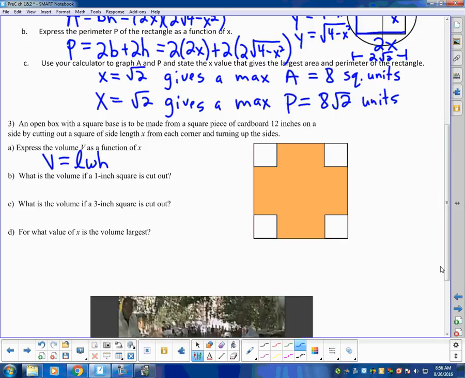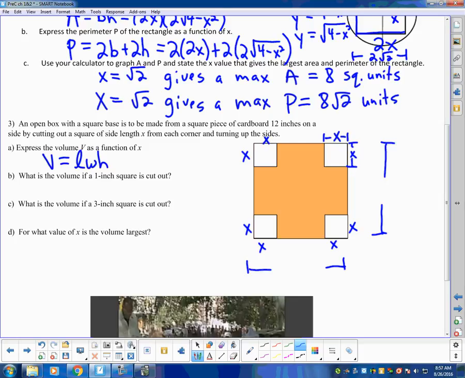Okay, so here's how we go about that. This little piece from here to here, we're going to call x. And this is also x from here to here. We're cutting out squares. So you're with me so far? Now, if I draw in all my little x's here, I can figure out the dimensions from here to here and from here to here by taking the total length of the cardboard and subtracting out the 2 x's.